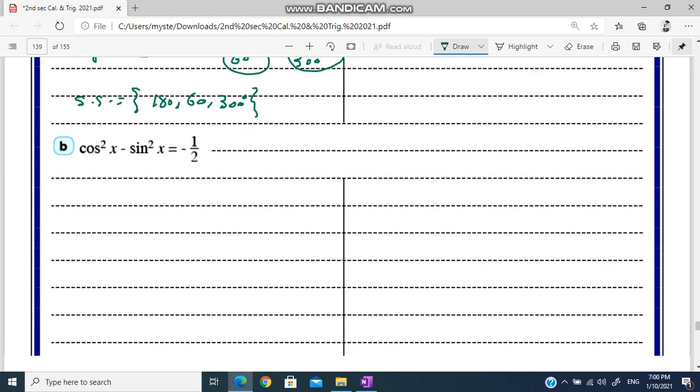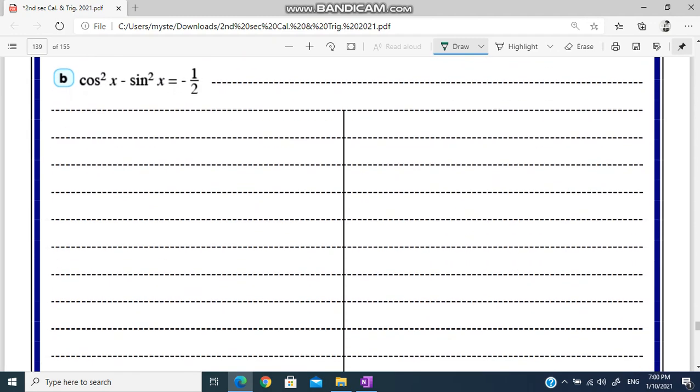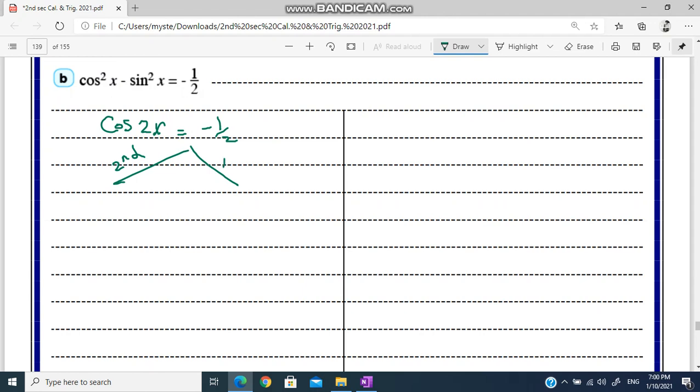The next one, cosine² x minus sine² x equals negative 1 over 2. Cosine² x minus sine² x equals cosine 2x, which equals negative 1 over 2. Cosine is negative in the second and third. Shift cosine 1 over 2 equals 60.